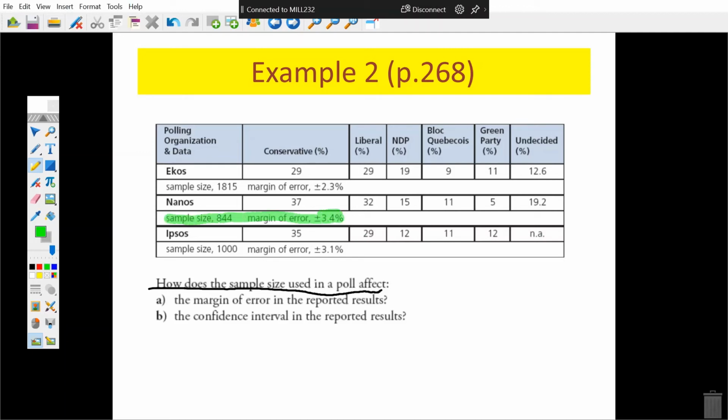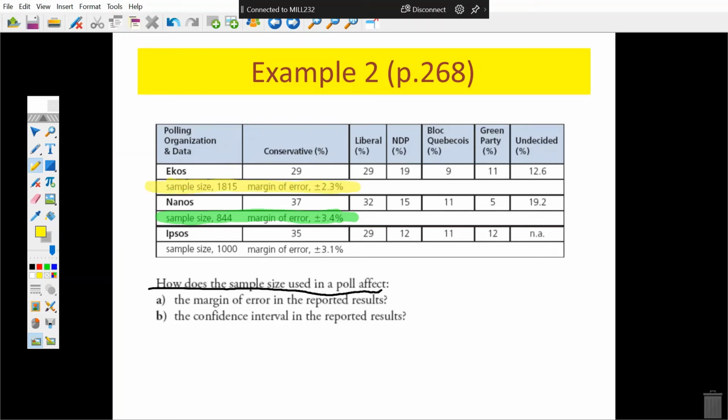Here, the sample size was only 844, and their margin of error was 3.4%. But as the sample size grows all the way up to 1800, the margin of error shrinks down to plus or minus 2.3%.